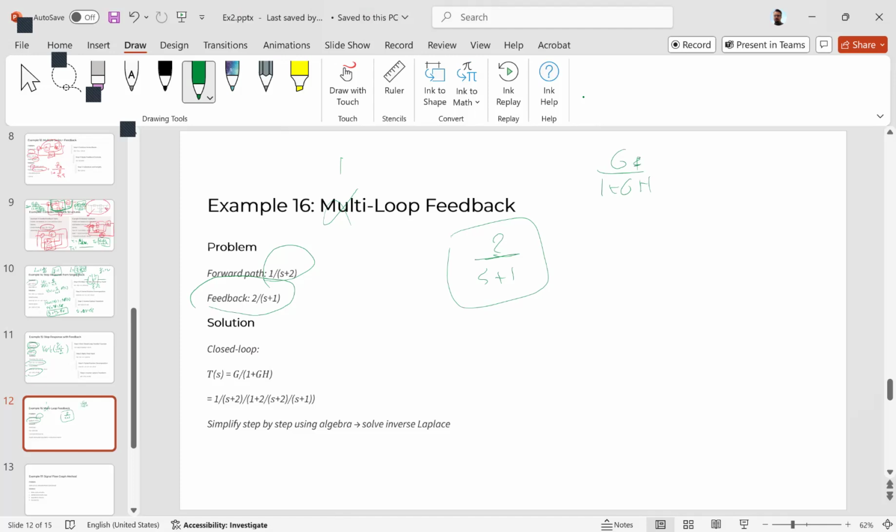This is extra, correct? And if we consider that as a feedback, this is 1 plus S. How can we find the inner block diagram of this general feedback block diagram?